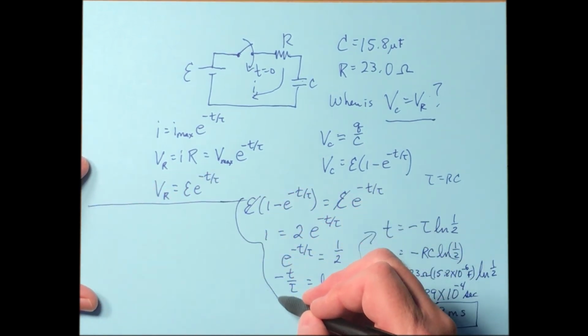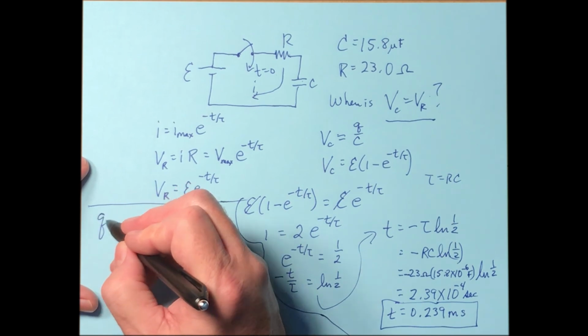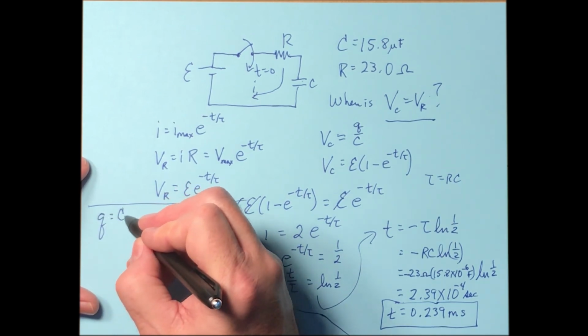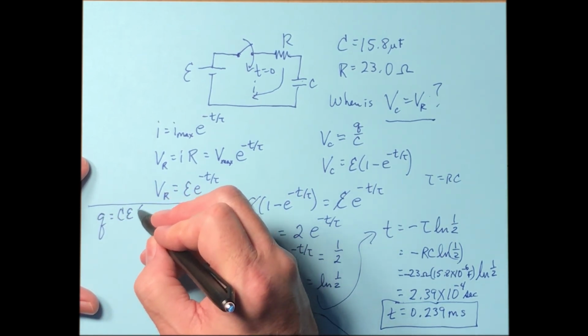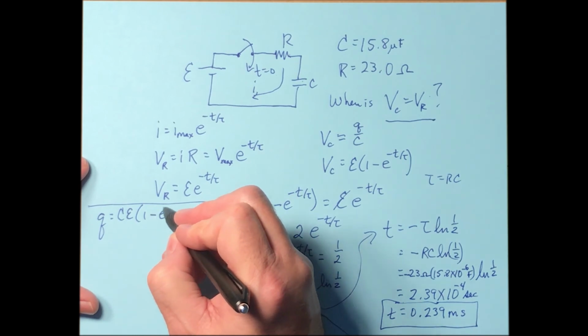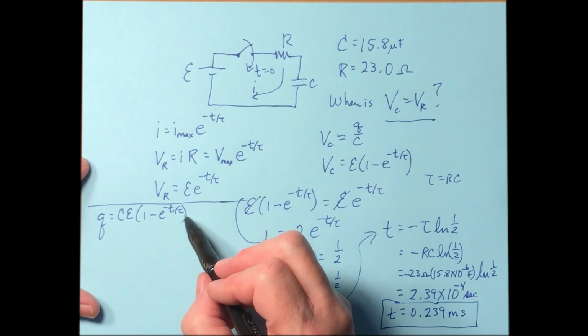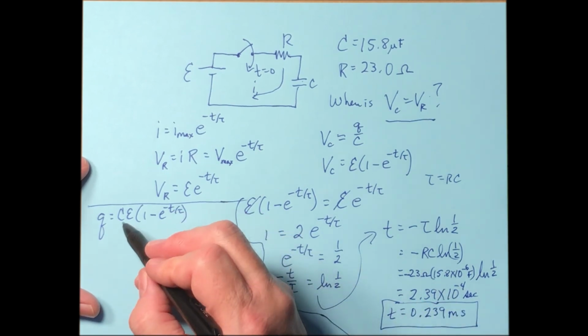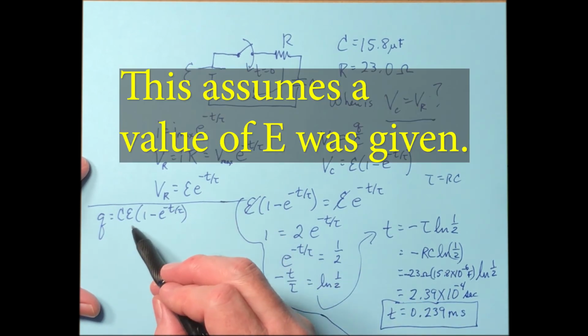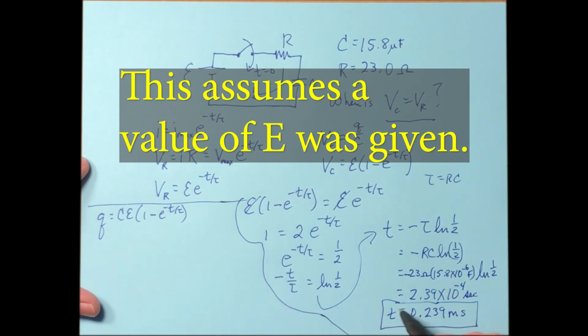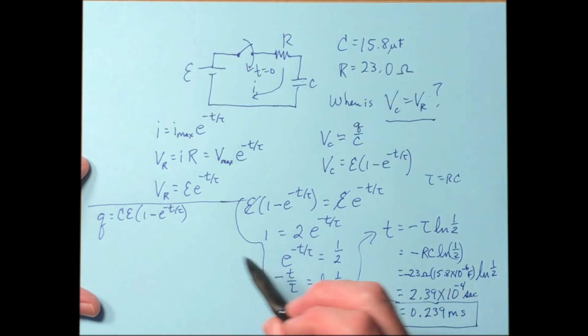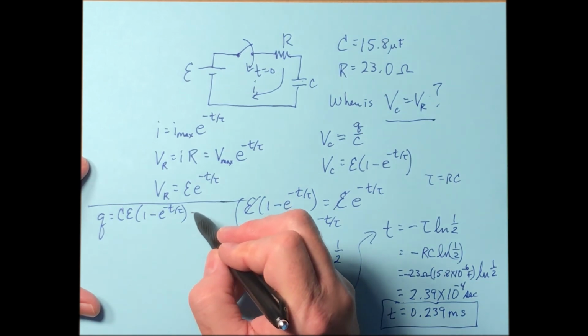Let's do that in this region right here. Charge on the capacitor is going to be C times E times 1 minus e to the negative t over tau. You know what tau is already. You know what C is. You know what E is. You know what t is.